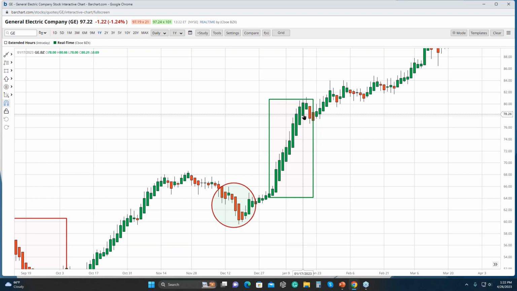But what happens then? Well, then we get these wicky kind of doji-like candles, and then eventually we get an up candle right there that closes above the candle that was in control, that was showing us a potential new downtrend, and that downtrend has failed, and now we have a new uptrend.